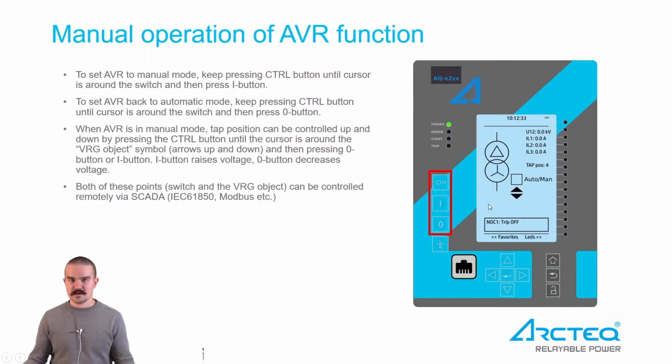And then when it's in manual mode, by pressing the control button, it will eventually go around this up and down arrow, and then by pressing 1 or 0, you will give raise or lower commands to the tap changer. And both of these points can be then controlled through SCADA remotely.